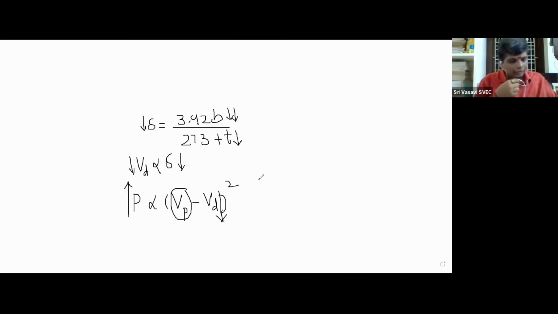And the third one is factors related to the size of the conductor. Whenever the size of the conductor is more, that means its radius is very high, the disruptive critical voltage, which is proportional to the radius of the conductor, is also very high.